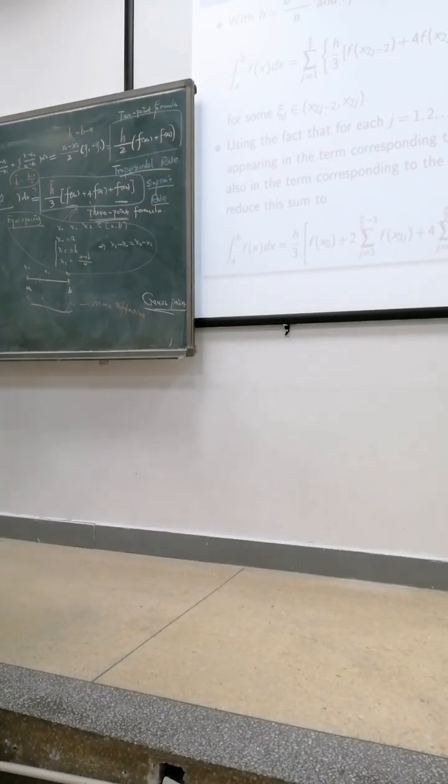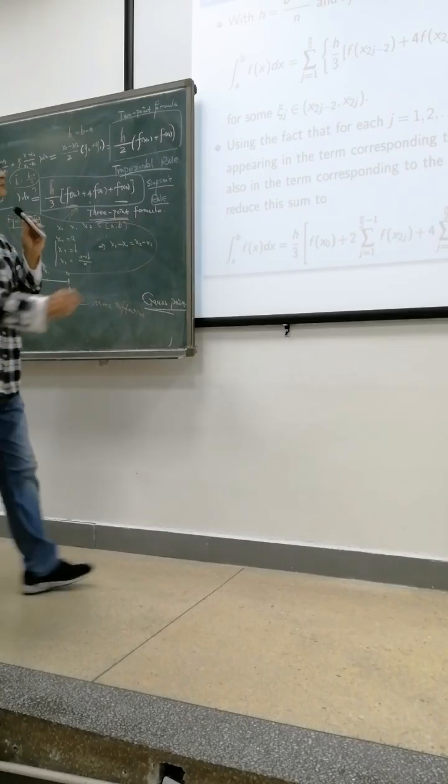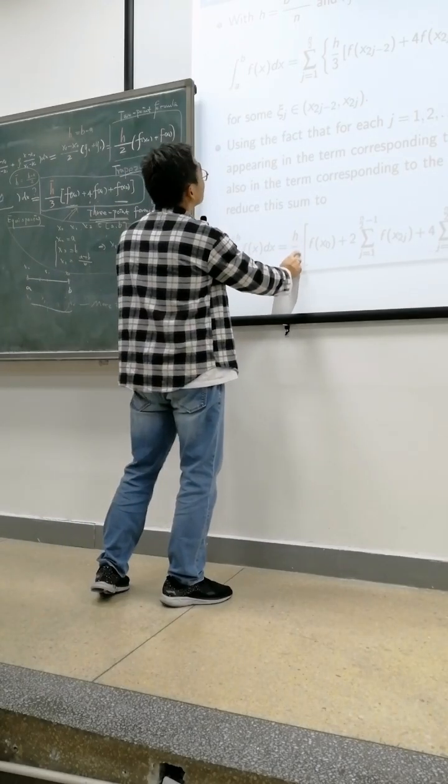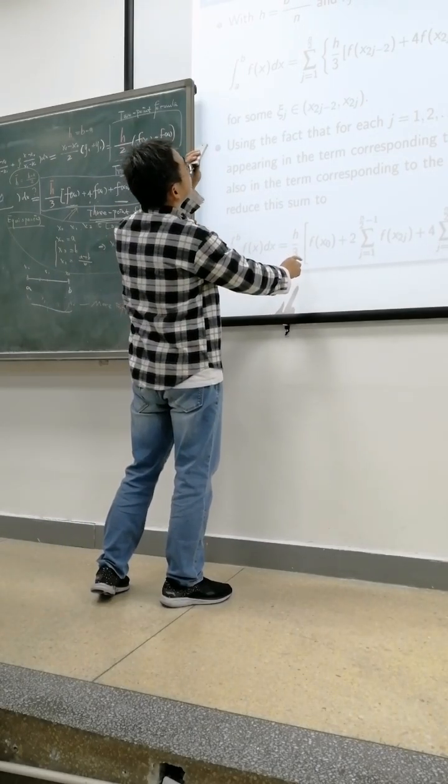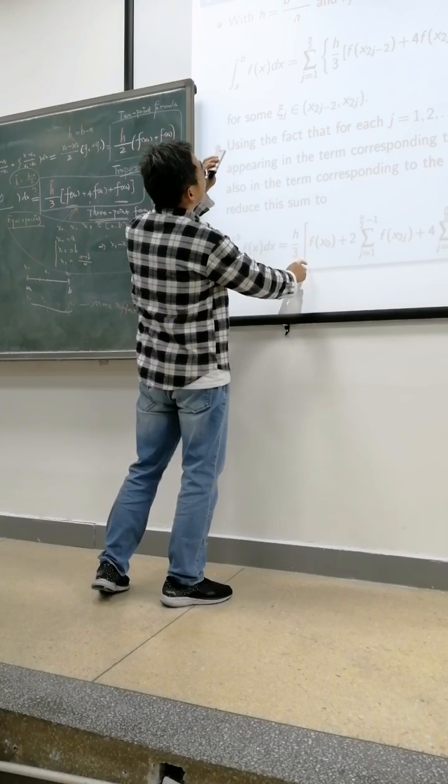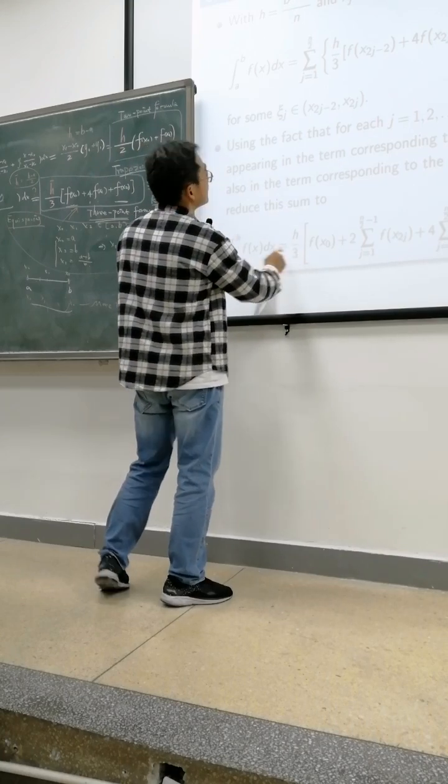So at each, here should be a mistake, I think, right? Here should be 6. If we take this one, h is b minus a over n. Here it should be 6.